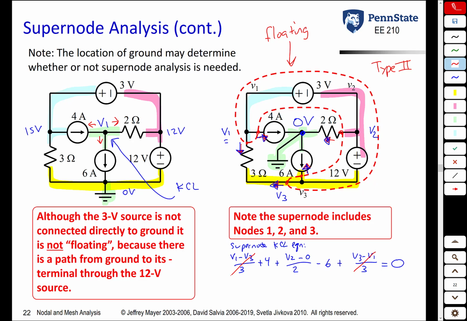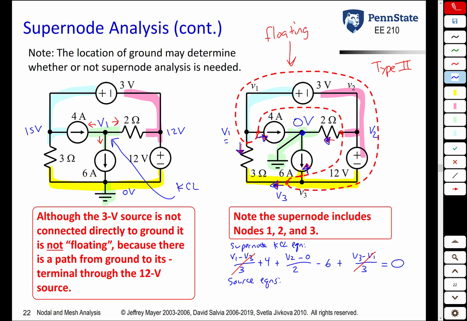But nevertheless, we have one equation in 3 unknowns. You cannot solve one equation in 3 unknowns. Where are you going to get your other 2 equations? You can't write any more KCL equations, but what do you have? You have your 2 source equations.